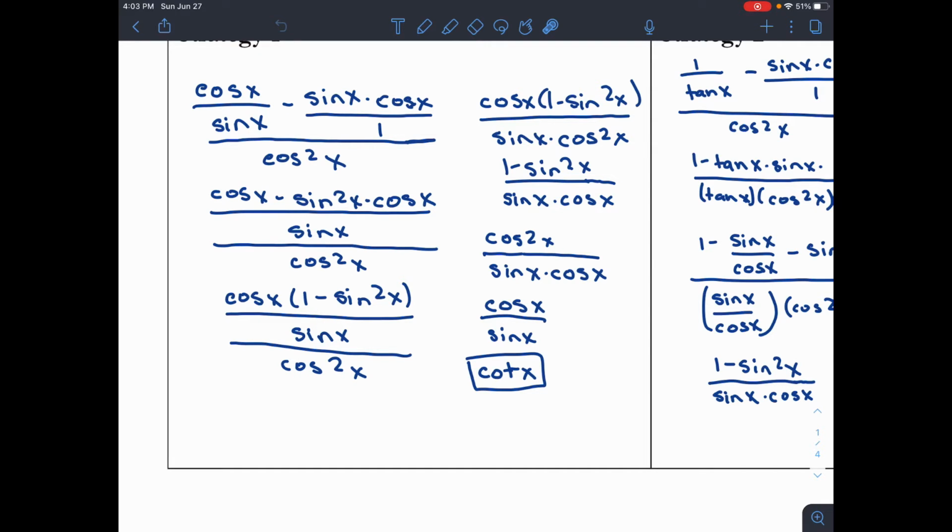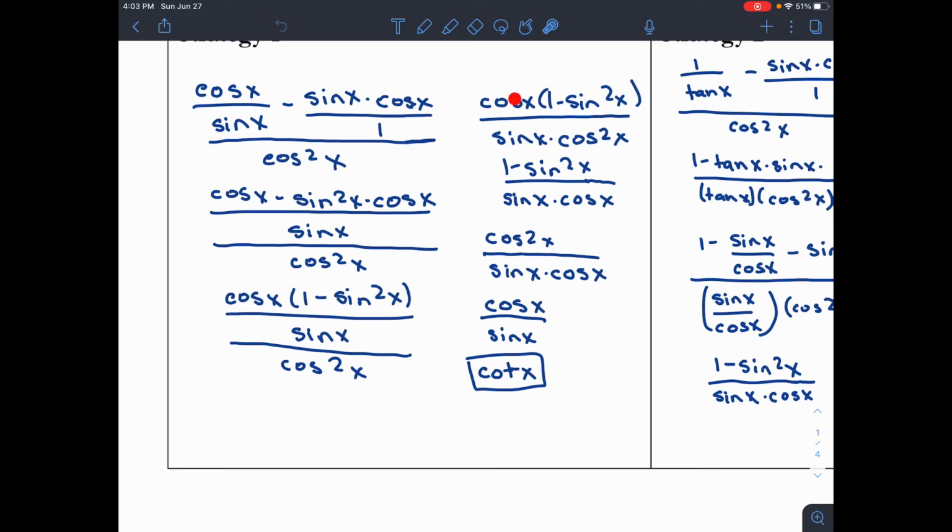From here to here, we multiply by sine x on both numerator and denominator. So this sine x deletes, and then we just multiply sine x here. So this is what we have: cosine x times parentheses 1 minus sine squared x over sine x times cosine squared x.